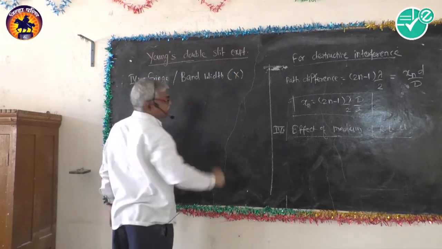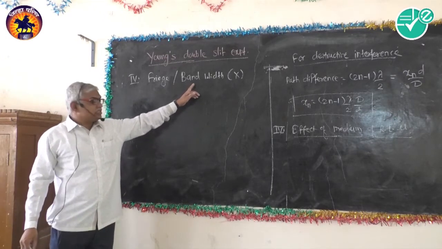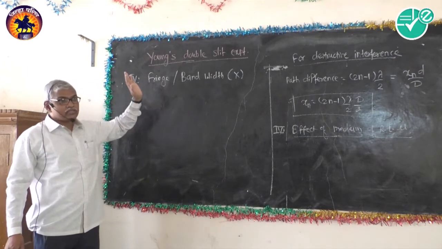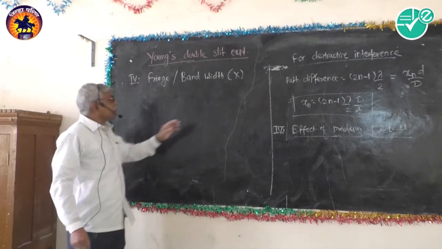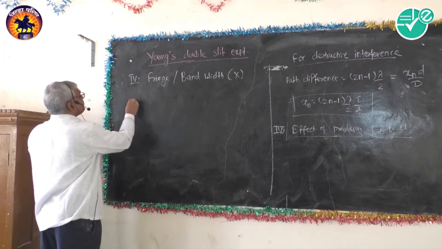The symbol is capital X. The bandwidth is the distance between two successive bright or dark bands, denoted by capital X.